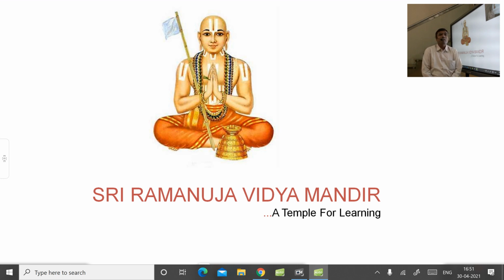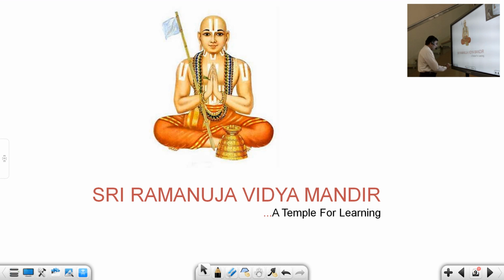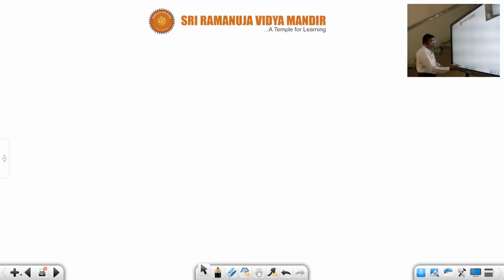So what is this electronic configuration? Let us understand the basic concept. There is a unique ID for everyone. For example, in a colony there is an ID, that is a house number or a door number.